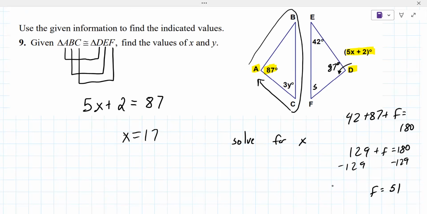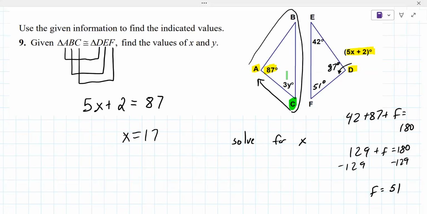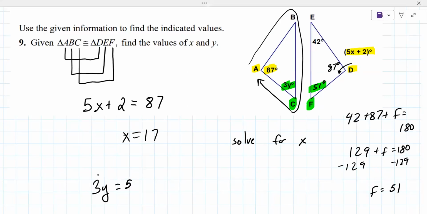So why did we do all that? Well, because we wanted to find y, and we know that angle C goes with angle F, which means that 3y goes with 51. So 3y equals 51. Could you solve that for y for us, please?